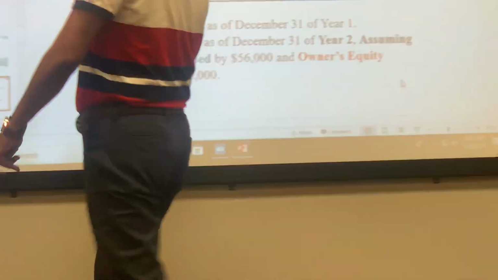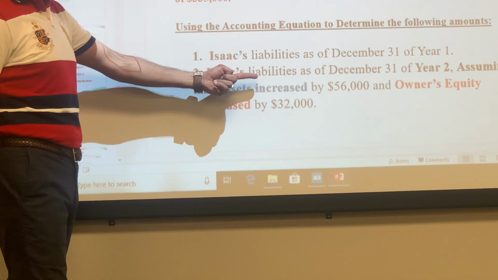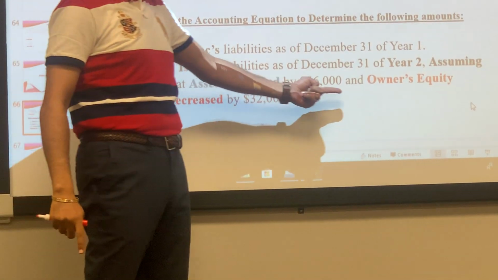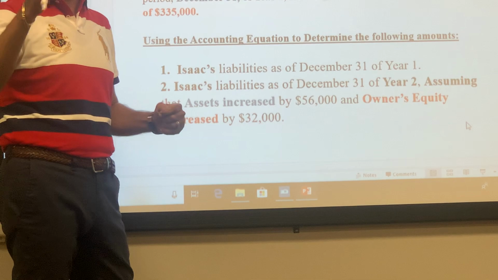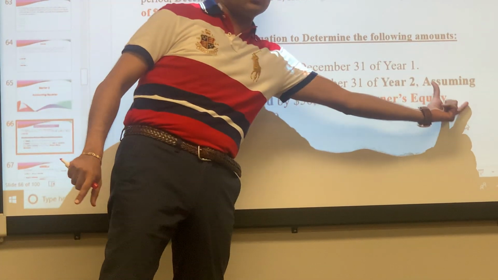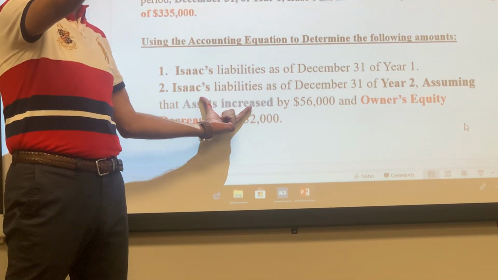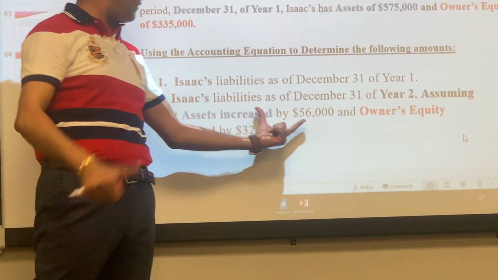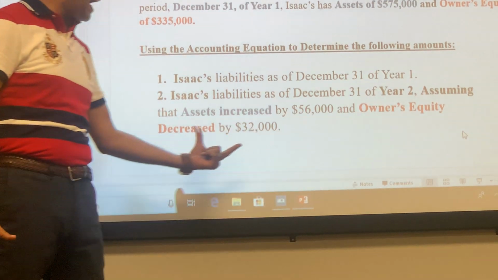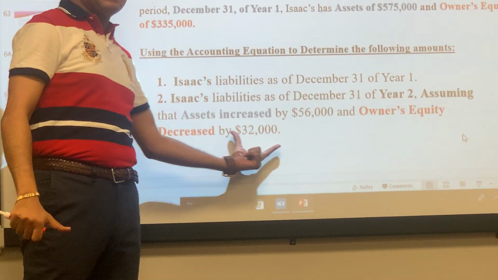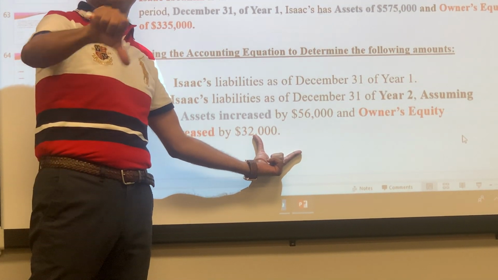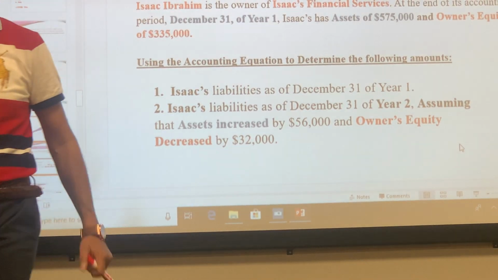So we will move on to get liabilities in year 2, using the assumed data: assets increasing by $56,000 and owner equity decreasing by $32,000.